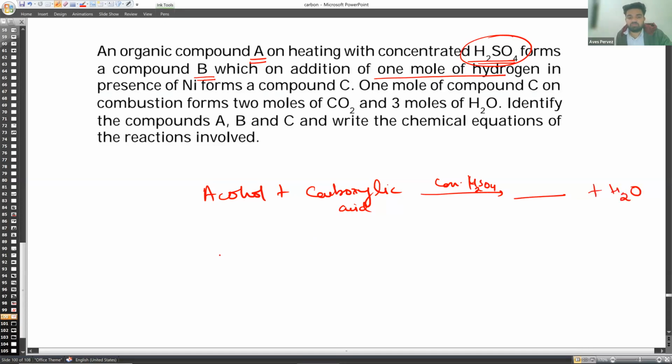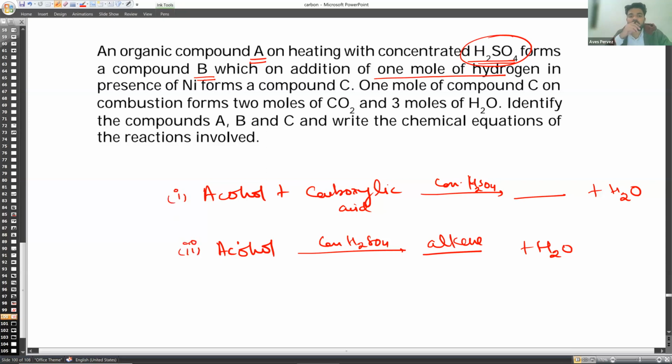And the second, when we only add alcohol and concentrated H2SO4, then it will give you a compound which is alkene plus water, because this is known as dehydration reaction. So can you tell me which equation is correct, A or B, for this question?